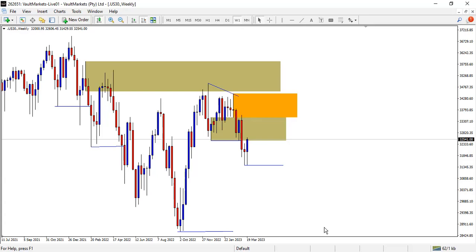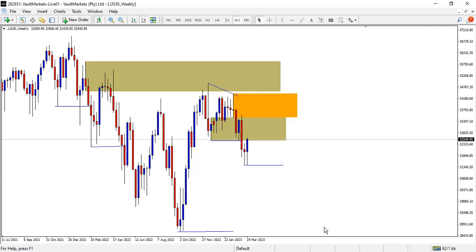If I can ask you now, what is price doing? Price now is mitigating the first order block of the shift of market structure on W1, all right? So please note the direction. This is a bullish pullback, right?